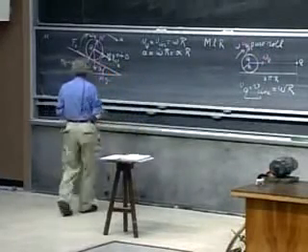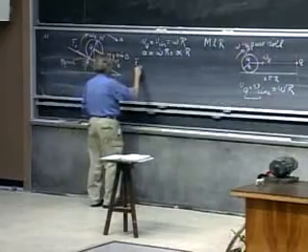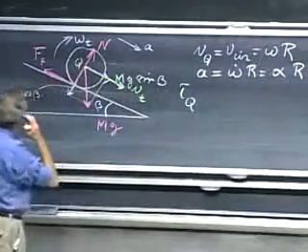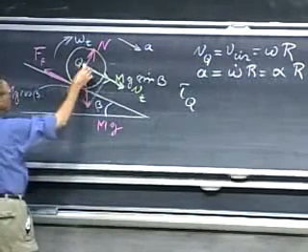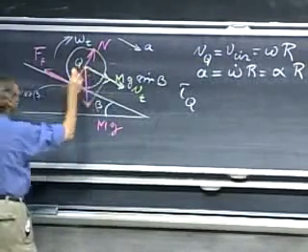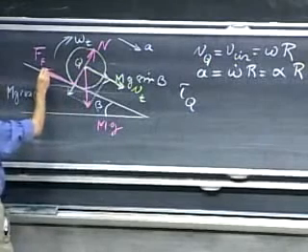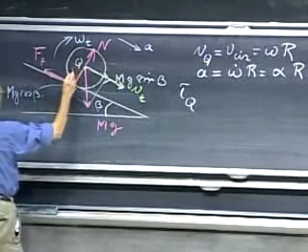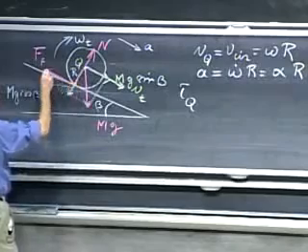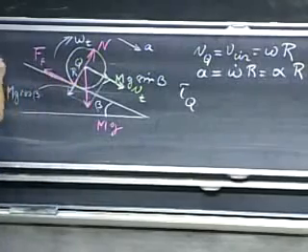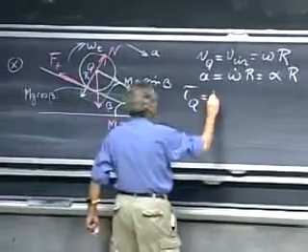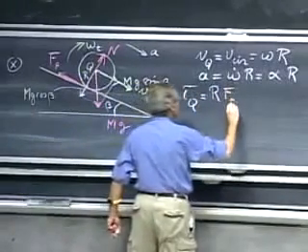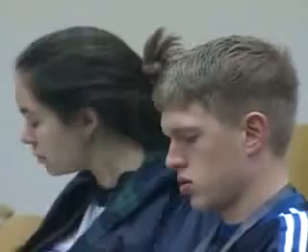Now I'm going to take the torque about point Q. When I take the torque about point Q, N has no effect because it goes through Q, mg has no effect because it goes through Q, so there's only one force that adds to the torque. If this radius is r, the magnitude is r F, and the direction is into the blackboard. But I'm only interested in the magnitude for now, so I get r times the frictional force.